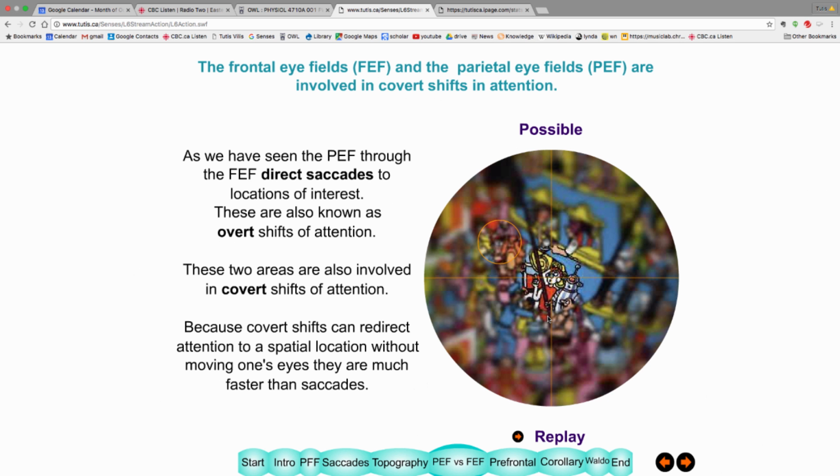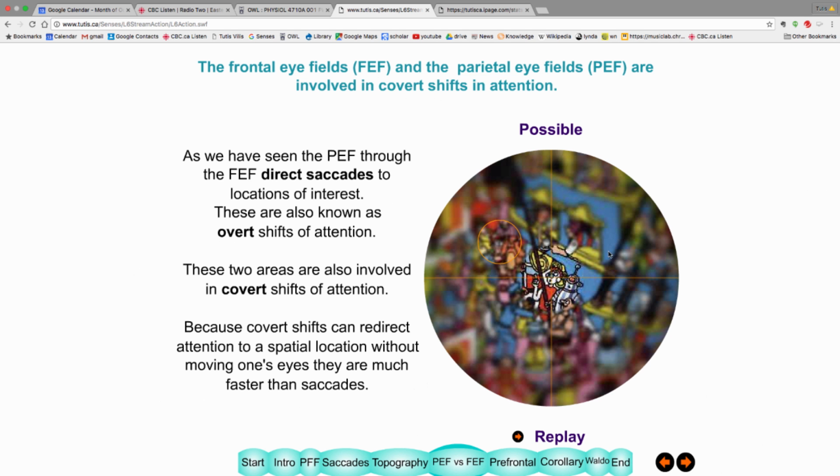So you can maintain fixation here, and you can do these little shifts of attention. You can say, okay, I'm kind of interested in something over here by my mouse, and you direct your attention to something over here, but you still maintain fixation straight ahead.